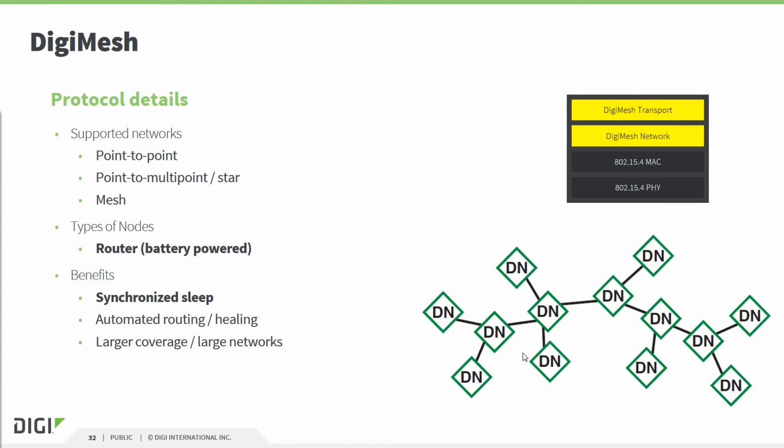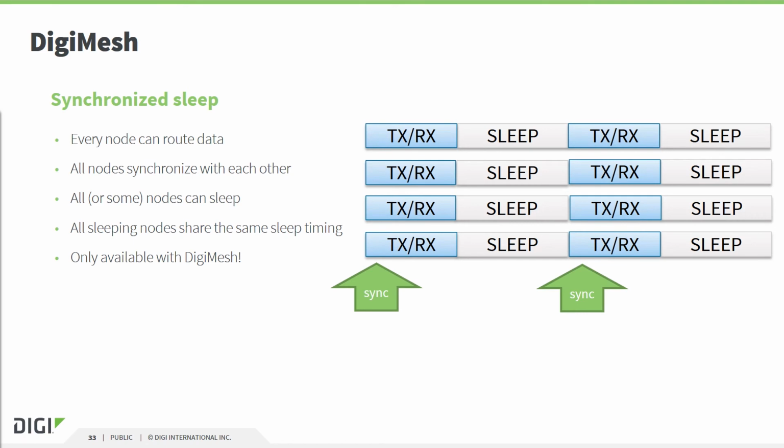How does this work? The DigiMesh network manages the synchronization automatically in order to allow everybody to wake up and to sleep simultaneously, so all the traffic and all the data interchange will happen in these wake-up slots. This is only available in DigiMesh.